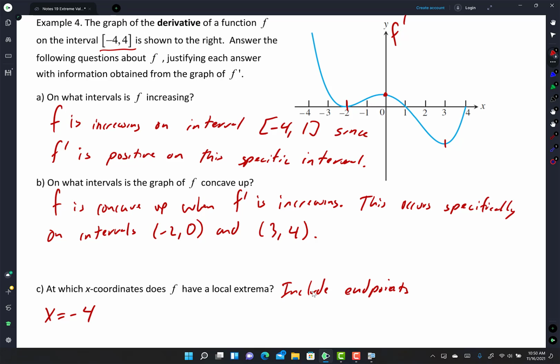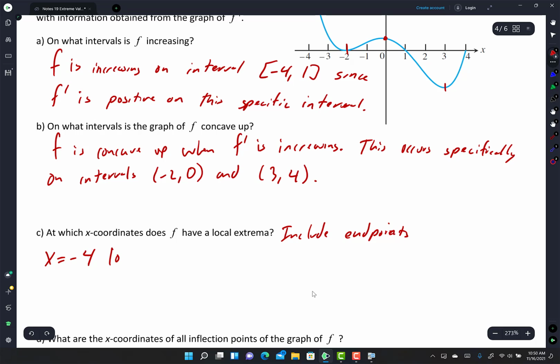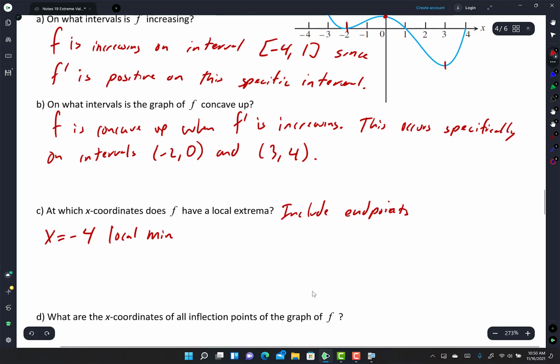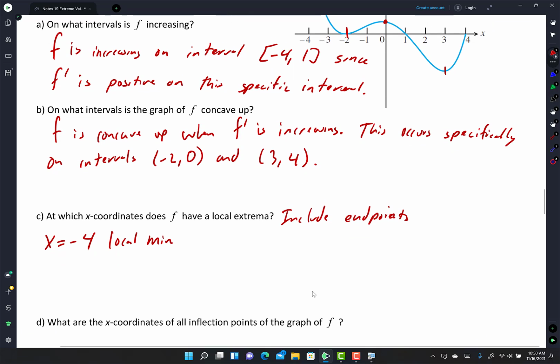At -4, you just start increasing immediately. There's a critical point at -2 and at 1, yes. But the one at -2 is nothing. All right, so -4 is a local min. Does everyone know why? Because the derivative is positive, so immediately you start increasing.